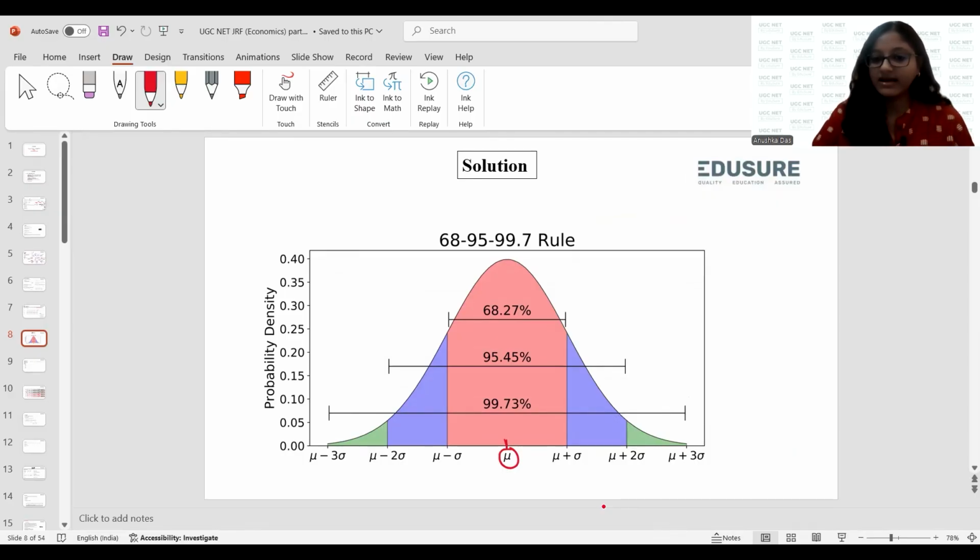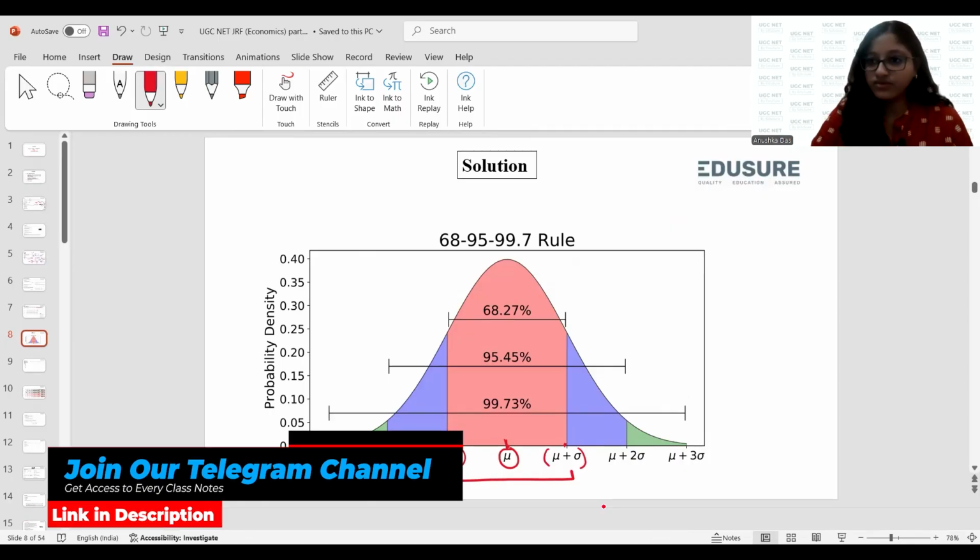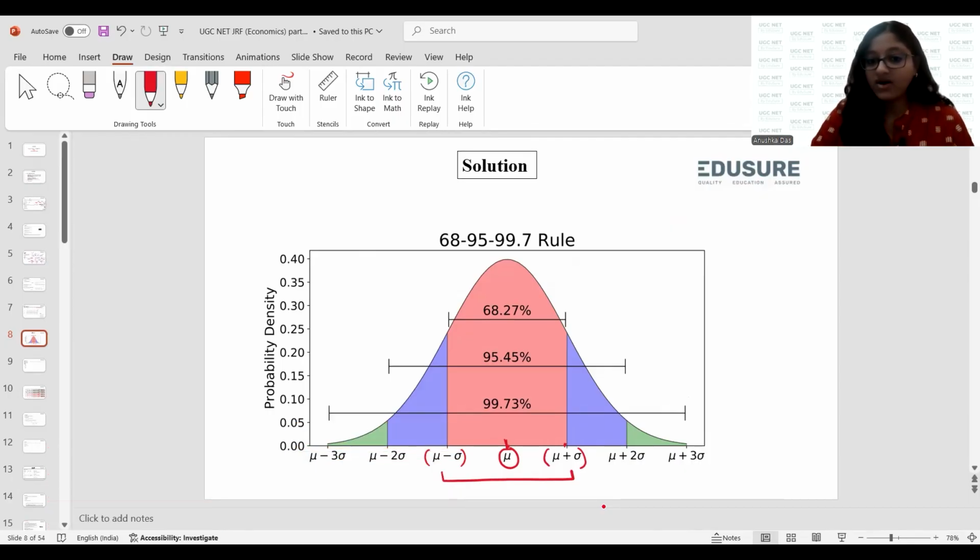Now, if you take the first sigma range from this mean, what is the first sigma range? You add sigma to the mean, you get mu plus sigma. You subtract sigma from mu, you get mu minus sigma. If you are in this particular range, known as the first sigma range, centered around the mean, then the area of the normal distribution will be approximately 68%.